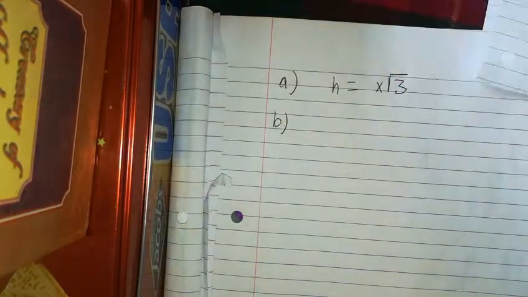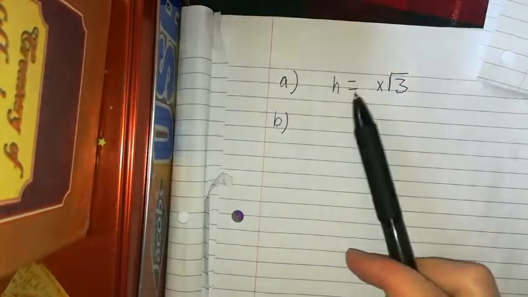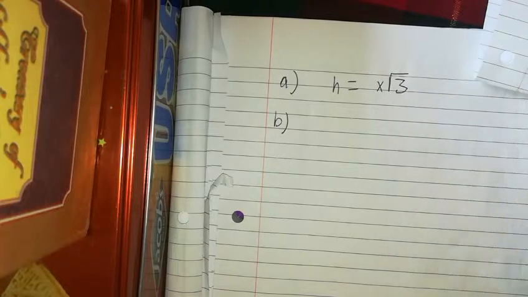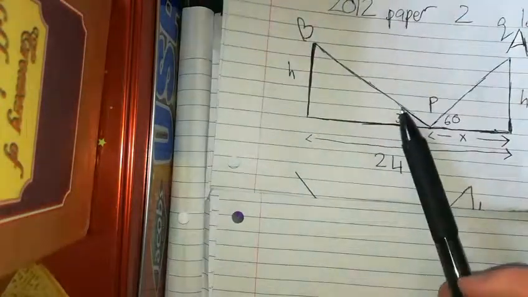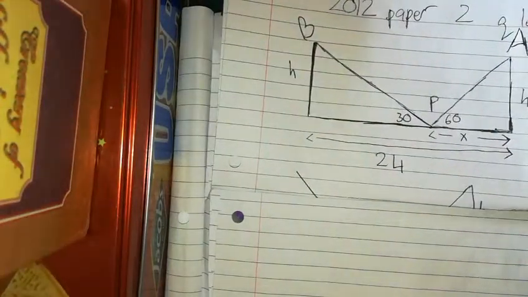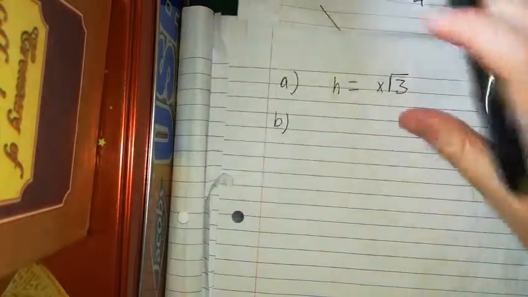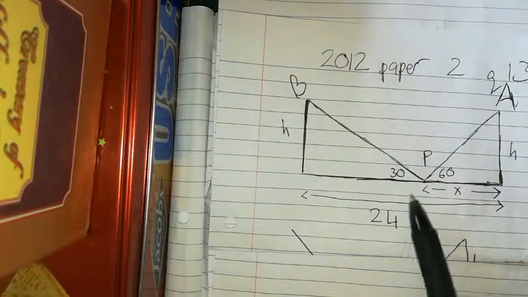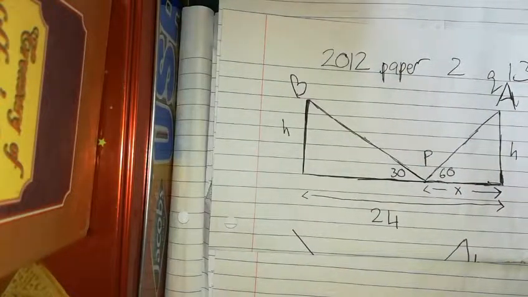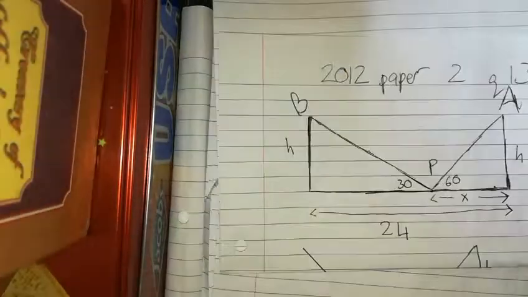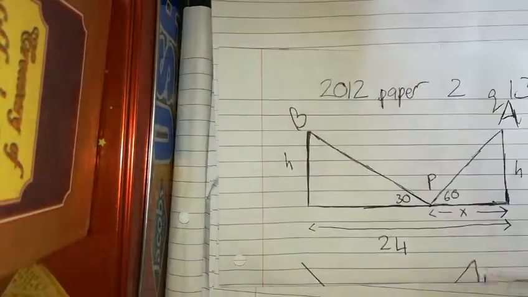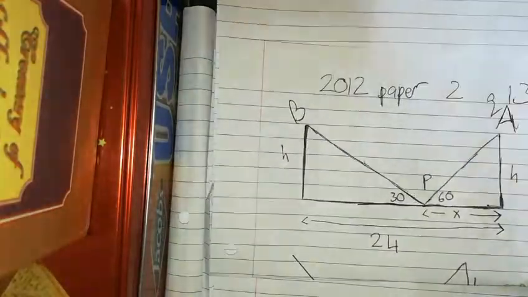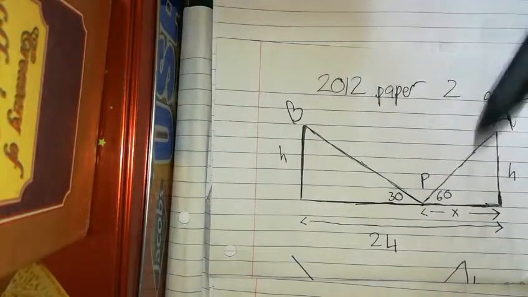So firstly, I've got that h is equal to x root 3. So the only information I'd be able to deal with in this triangle is, well, I can draw out this triangle here. And I want to find the height of the two poles. So I know that the total length of this is 24.